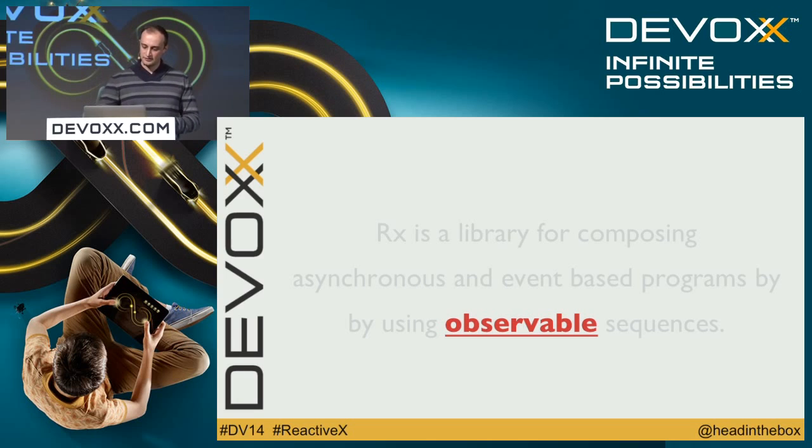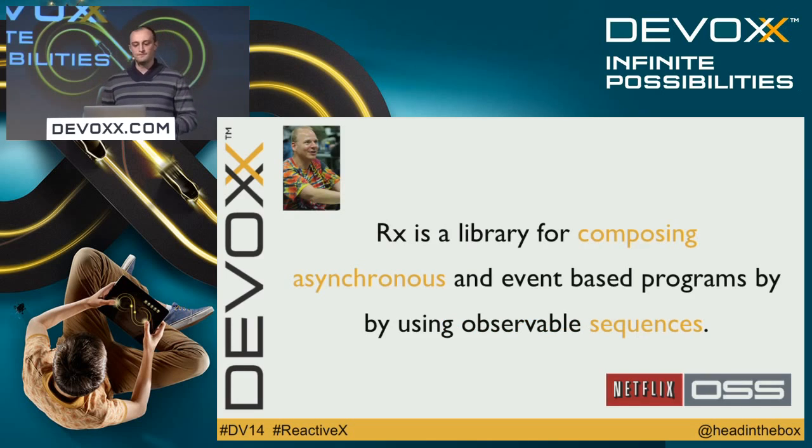So a little bit about the background. Rx was initially implemented for the .NET platform, Rx.NET, by Erik Meijer and his team at Microsoft. And it was very successful. So successful that Netflix decided to adopt the paradigm.